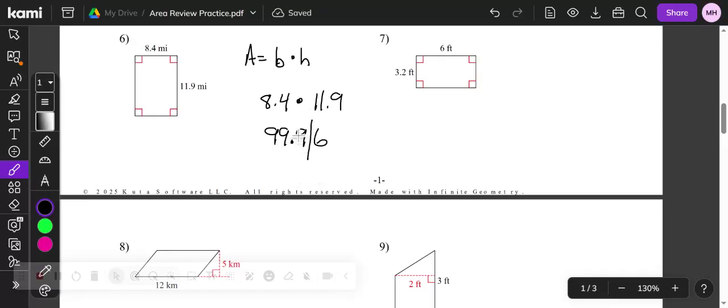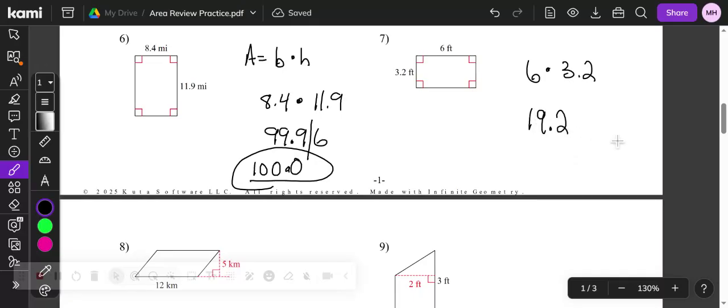That's what rounding means. Since this is a 6, the 9 rounds up to a 10, means a 1 bumps over to that, makes that a 10. So your answer is 100.0. All right, base times height, 6 times 3.2, 19.2. Base times height.